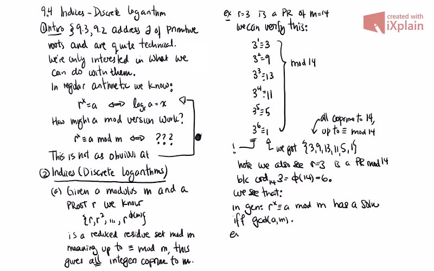For example, in the above, 3 to the x is congruent to 13 has a solution because the GCD of 13 and 14 is 1. But 3 to the x is congruent to, say, 4 does not.